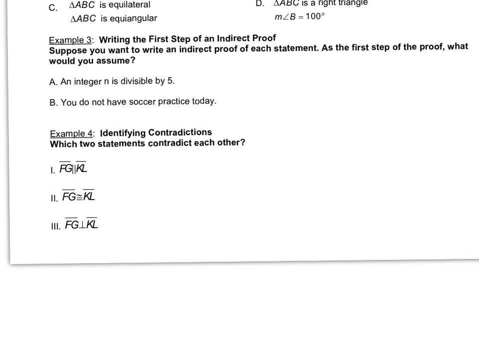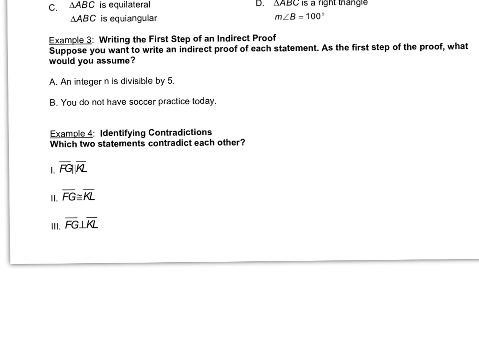Now example 3 asks the question, write the first step of an indirect proof. Suppose you want to write an indirect proof of each statement. As the first step of the proof, what would you assume? Remember, in our notes, you assume the negation of your conclusion, which is your proof statement, is true. So in example A, an integer n is divisible by 5.